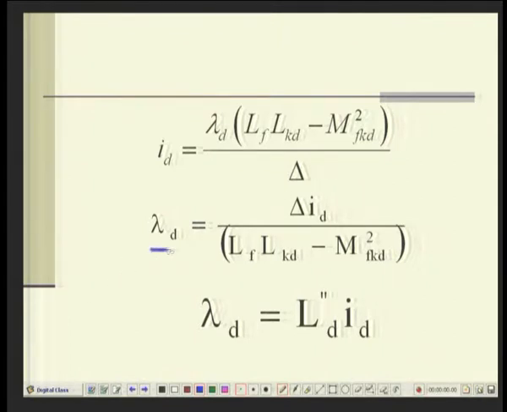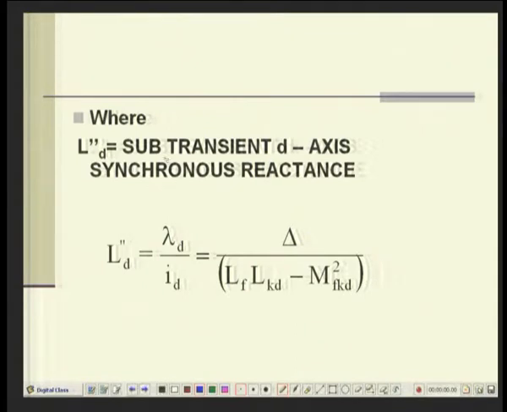So, lambda d will be some constant into i d, right, and we write that constant as LD double dash, and that LD double dash is a function of the existing inductance parameters. Okay. So, LD double dash we call the subtransient d axis synchronous reactance.